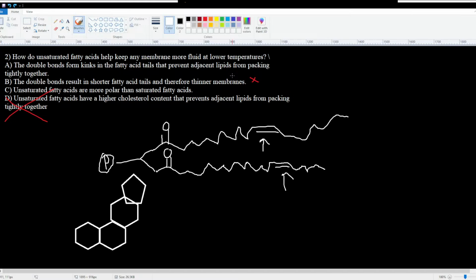So that would make the membrane more fluid at lower temperatures, right? So more double bonds, more fluid at lower temperatures. Fewer double bonds, more fluid at high temperatures. Because if we had unsaturated fatty acids like this one at higher temperatures, then the cell would be too fluid.